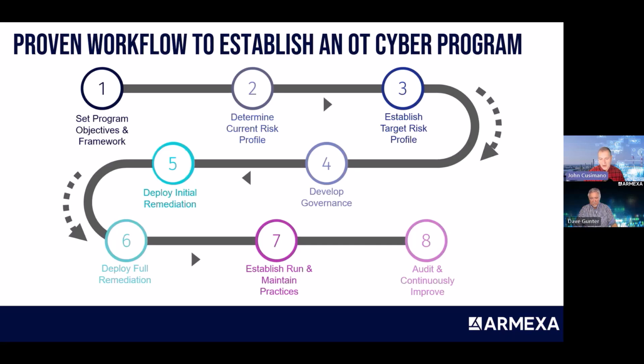And then last is audit and continuously improve. So like Dave was saying, sometimes with engineering type projects, people deploy and move on, but somebody does have to operate and maintain this. You need to audit to make sure that it's actually working and still being followed, and that you're continuously improving.